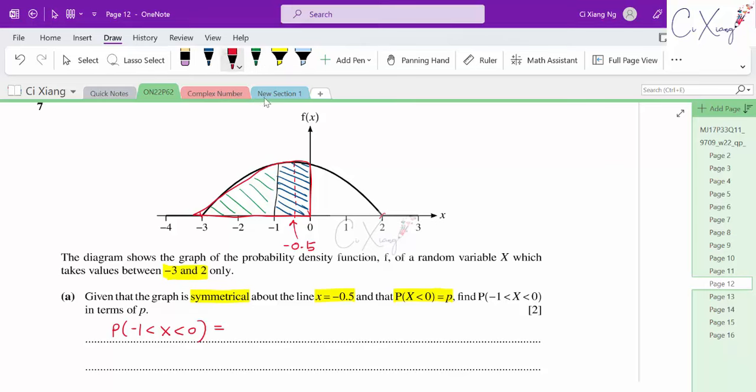So for the red color area, if I write it out, it should be x smaller than 0, which is this whole thing, and then minus x smaller than negative 1, which is this one.